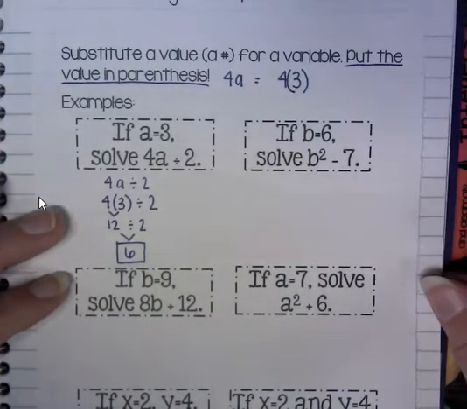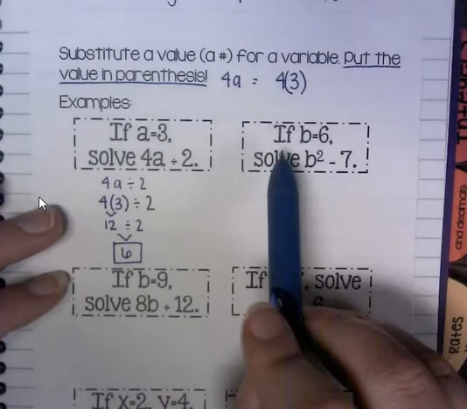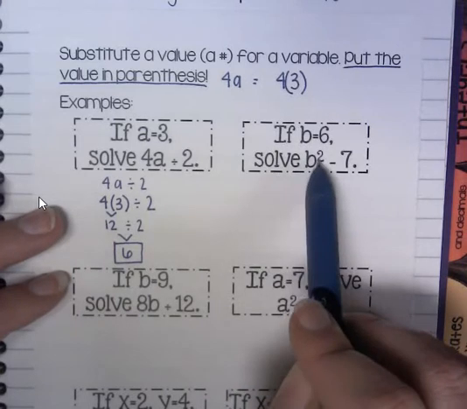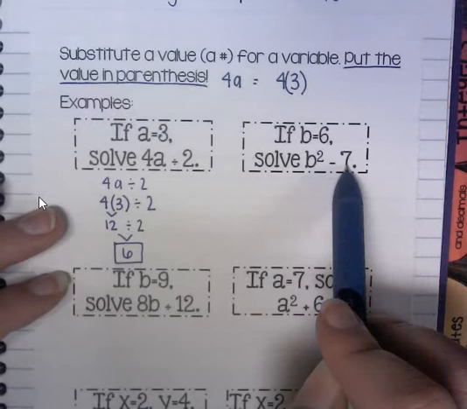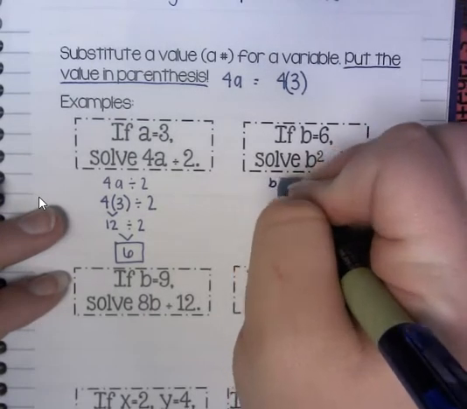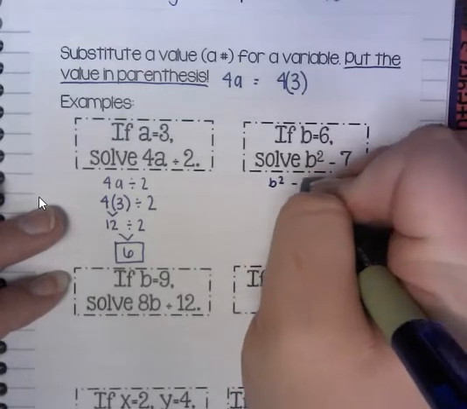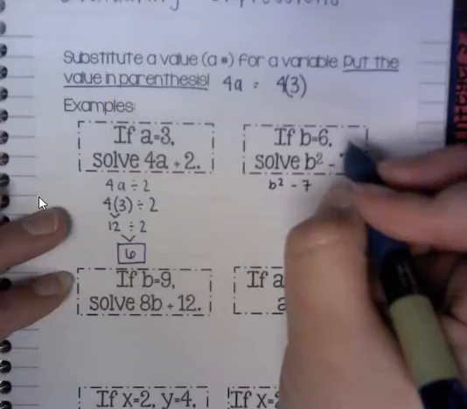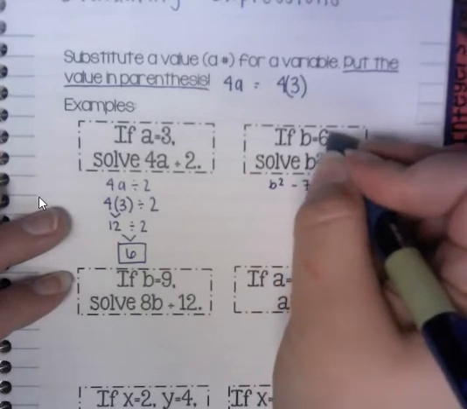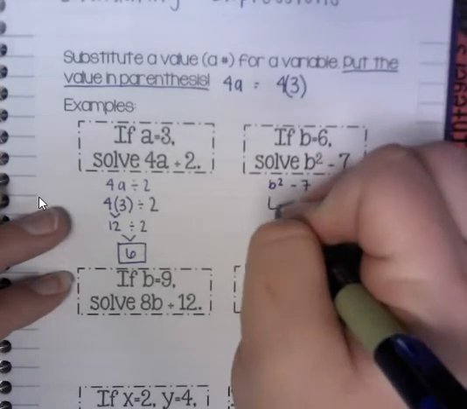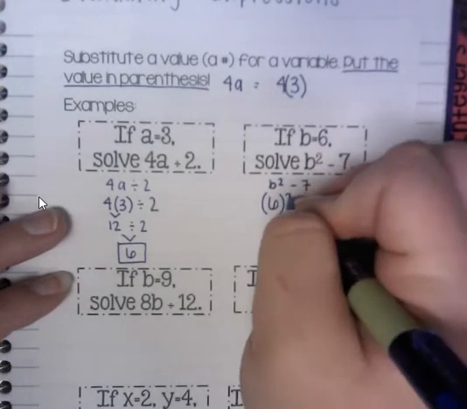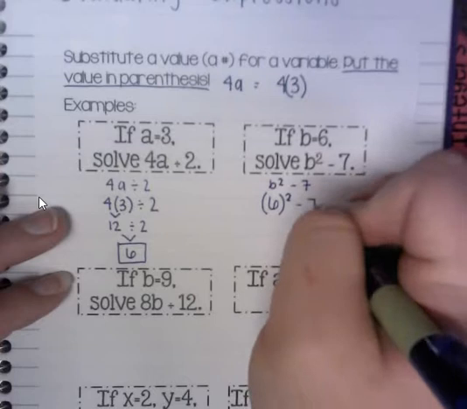Moving on. If B equals 6, solve B squared minus 7. So I rewrite my problem, B squared minus 7. Then I put my number 6 in where I see B, and I'm going to keep it in parentheses. Bring my exponent, minus 7.